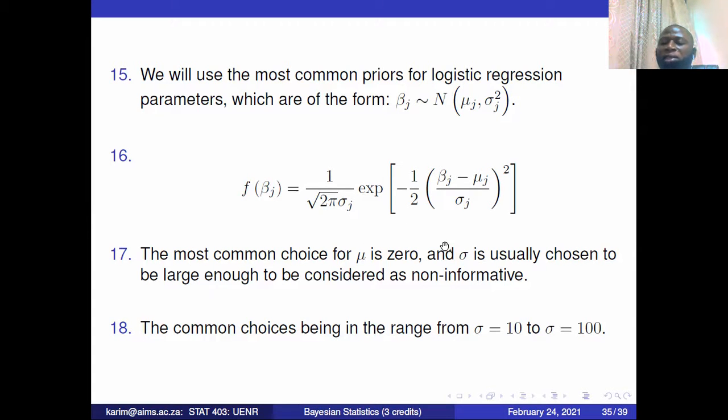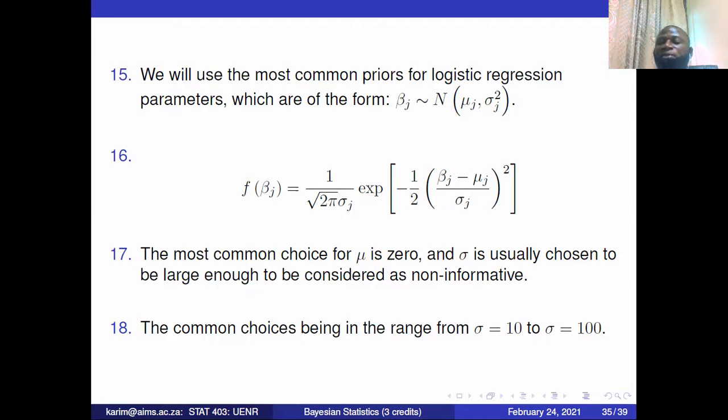And the standard deviation is usually chosen to be large because we don't want to assume that we have too much information. So when your standard deviation is large, what you are simply saying is that you don't have much information. I'm asking you for information and you cannot give me much. That means your deviation is going to be very large, and that is non-informative.